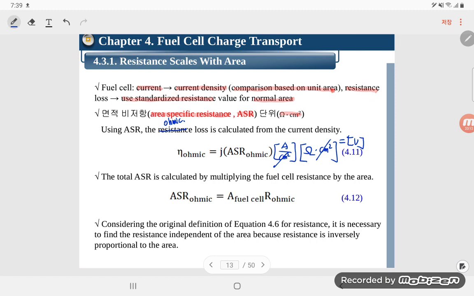Considering the original definition of resistance, it is necessary to find the resistance independent of the area, because the resistance is inversely proportional to the area, as we talked about before.